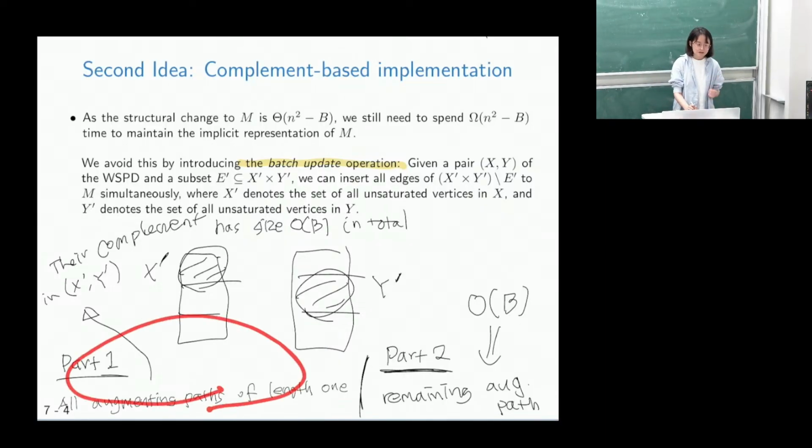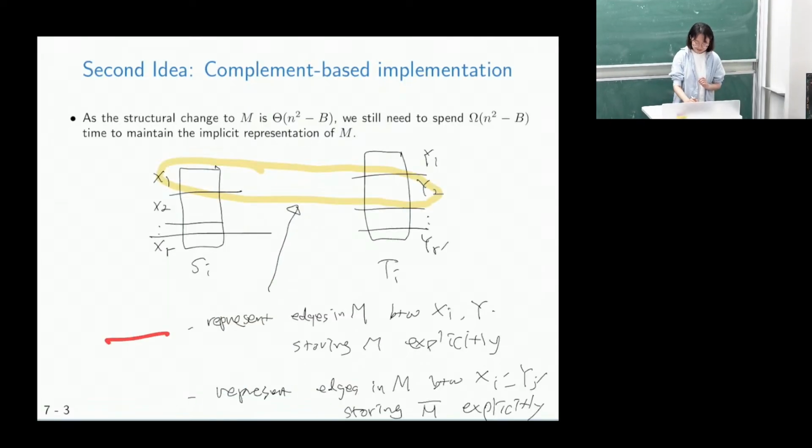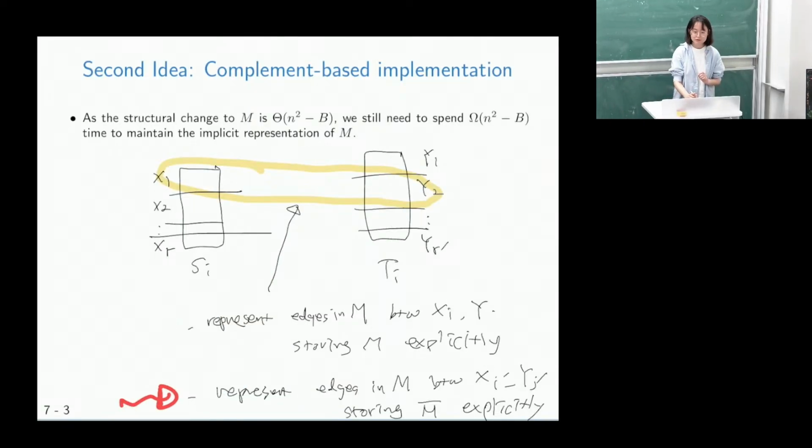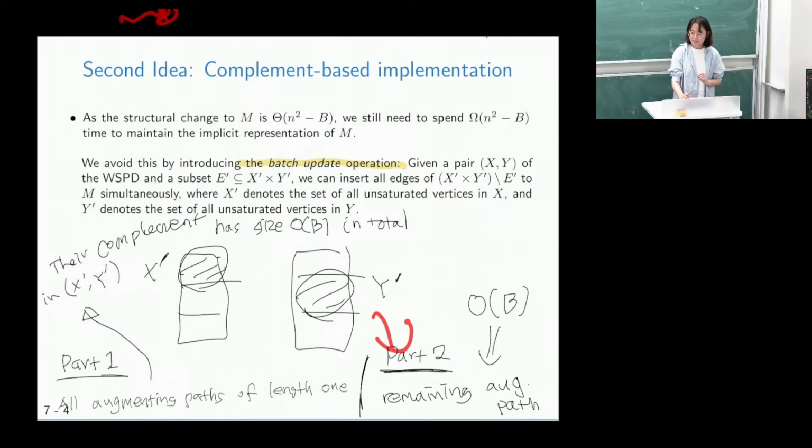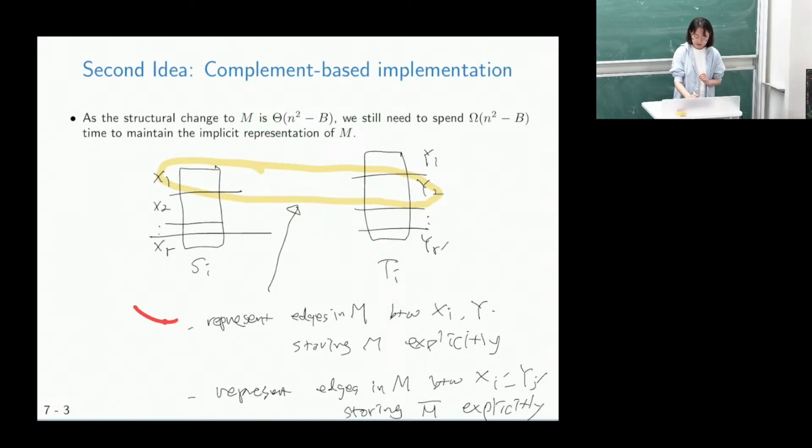So for the first part, we use the second approach, and for the second part, we use the first approach.